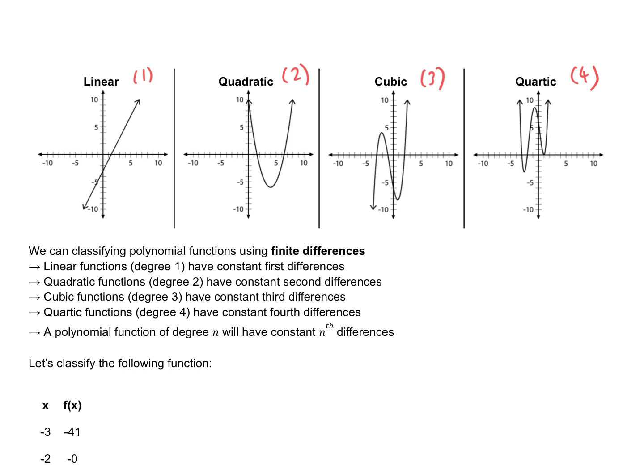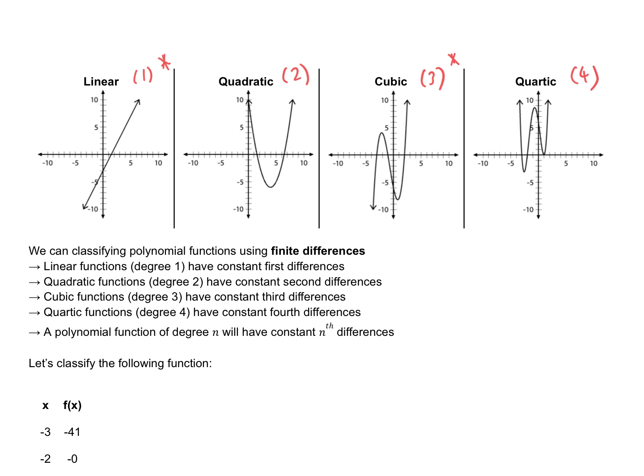Now, something I just want you to look at and observe, and we'll go in more detail on this in another lesson, is that 2 of these functions have an odd degree, so the linear and the cubic, and the other 2 have an even degree, the quadratic and the quartic. If you look at the linear and the cubic functions, you'll notice that if I look to the left and to the right, they're going in opposite directions.